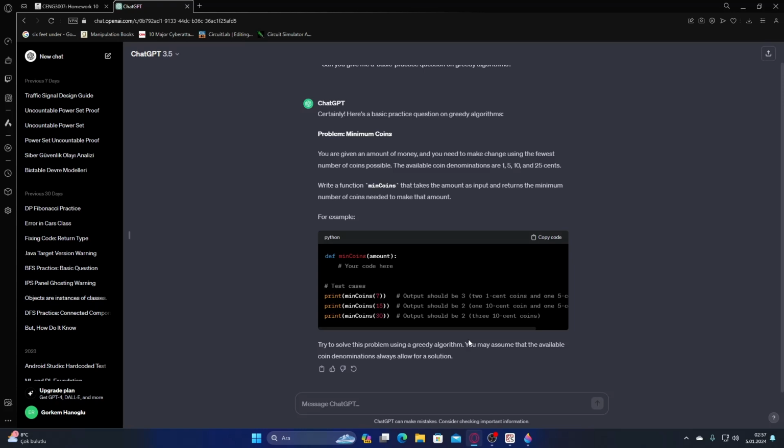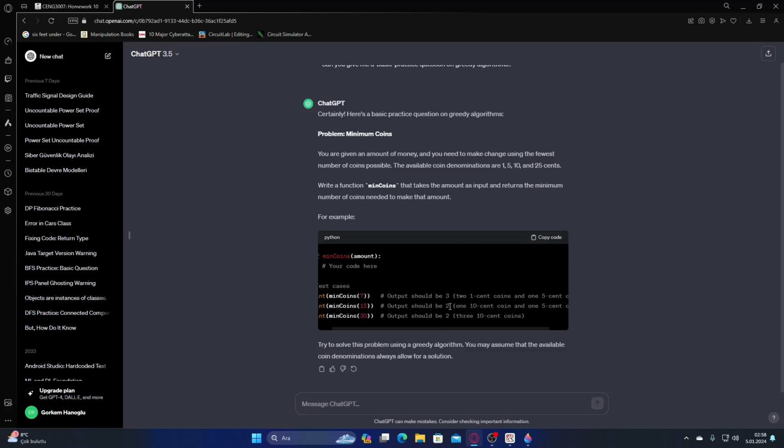You may assume that the available coin denominations always allow for a solution. Let's check. Okay, we have 1, 5, 10, and 25 cents, and the examples are 7, 15, and 30. Actually, this is wrong. It's saying three 10-cent coins, but we can make it with 25 and 5. The output is true, but the explanation is wrong.